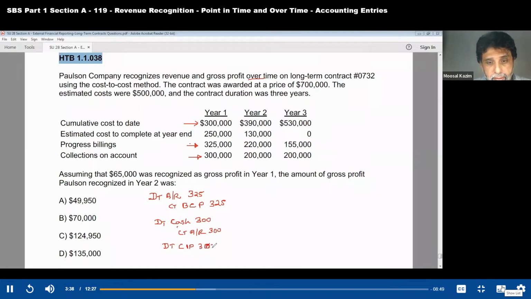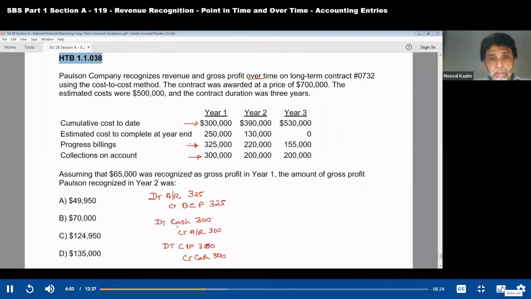Fortunately for us, the money collected from the customer and the project cost to date is the same. So we don't have to bring in more capital. And credit cash. Whatever cash collected was spent in construction. So the cash balance for year one is 0, right?